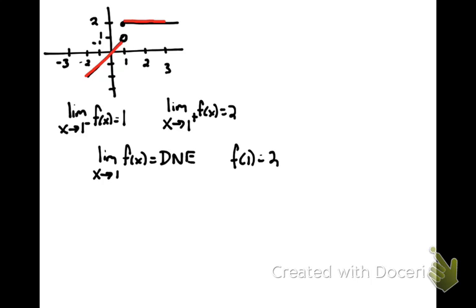That's noted in the graph by the closed circle: when x is 1, the function's value is 2. And this is an important thing, that a function may not have a limit even if it is defined there, and that the limit of a function is different from what the function's actual value is. Again, the limit of a function can be different from what the function's actual value is.